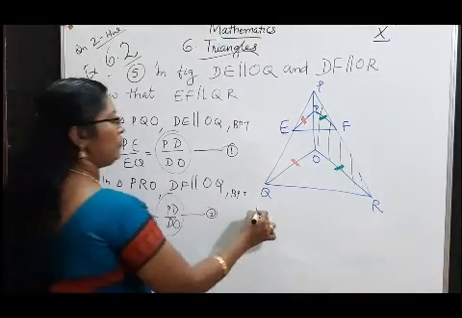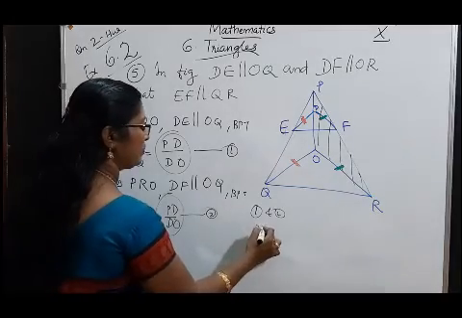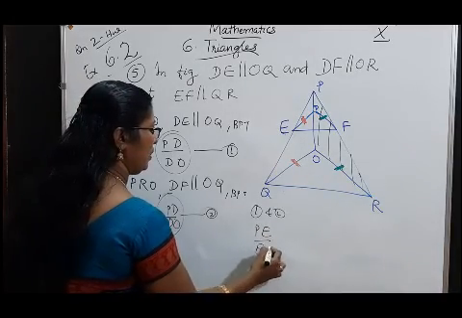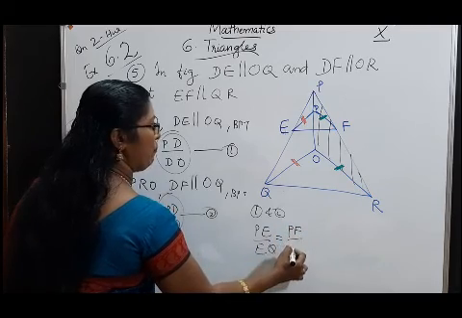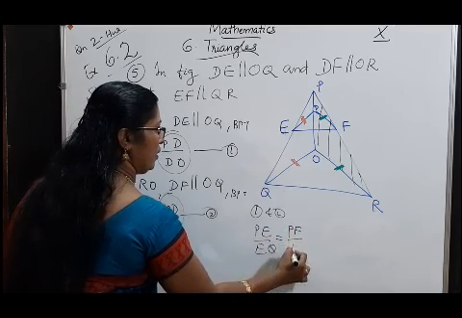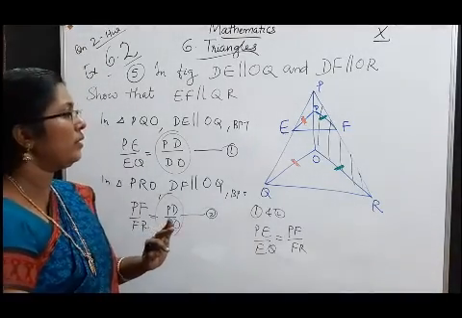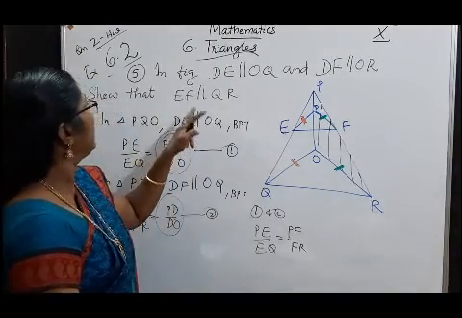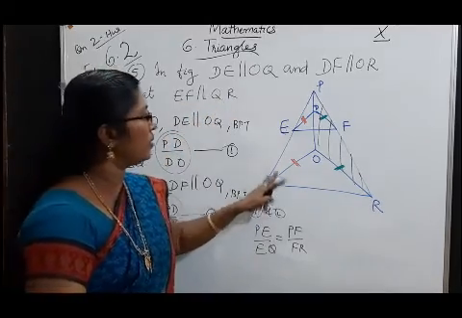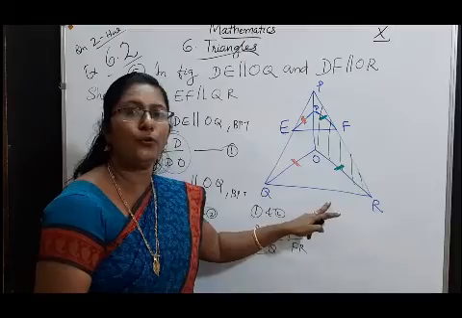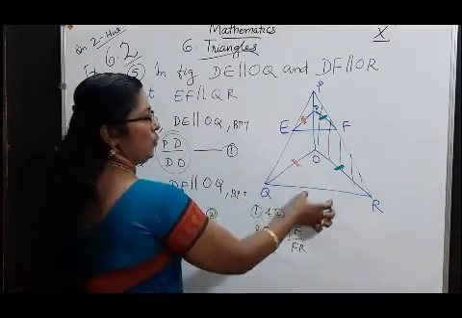So we can write from 1 and 2, PE by EQ equals PF by FR. Our aim is to show that EF is parallel to QR.